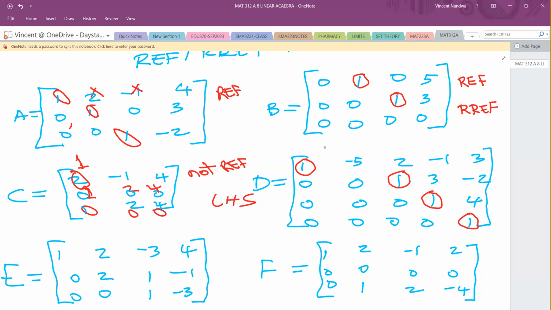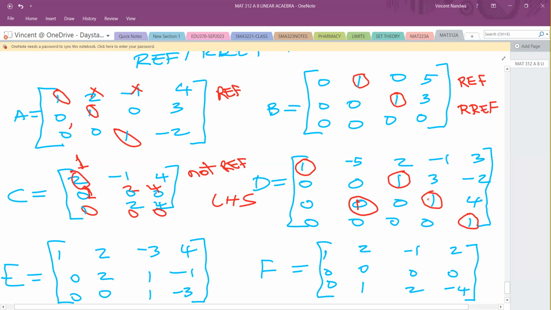Once you have identified that, then you don't just measure one and two. If this one in the third row was placed at this position, then this matrix will fail to be in row echelon form.